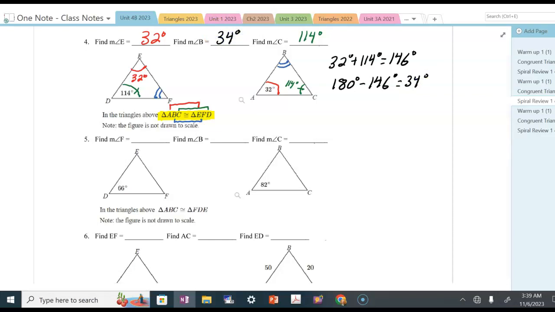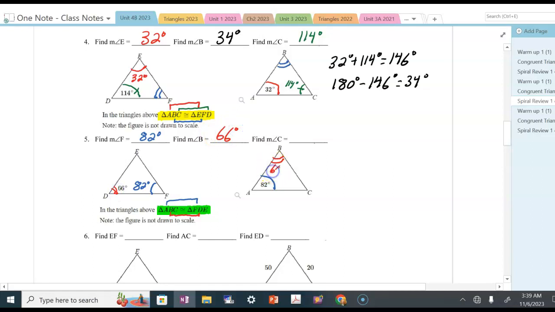We take a look at problem number 5. This time I'm told ABC is congruent to FDE. So A goes with F. So angle A is the same as angle F, so I know that's 82 degrees. B goes with D. So B at the top goes with D, which is 66.